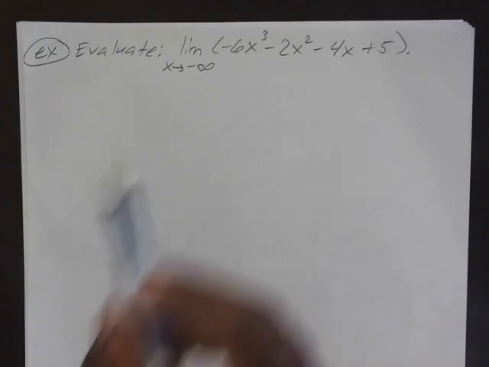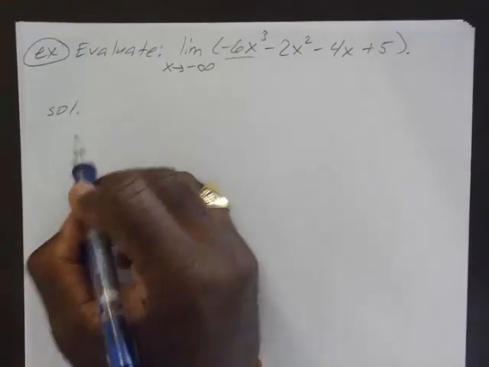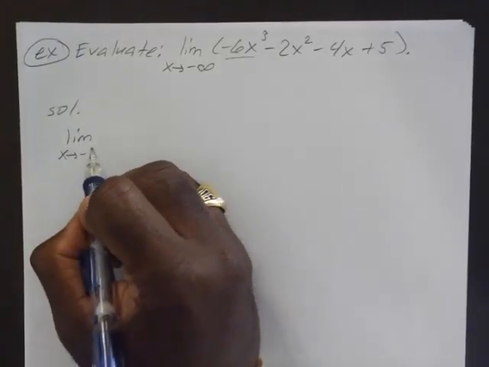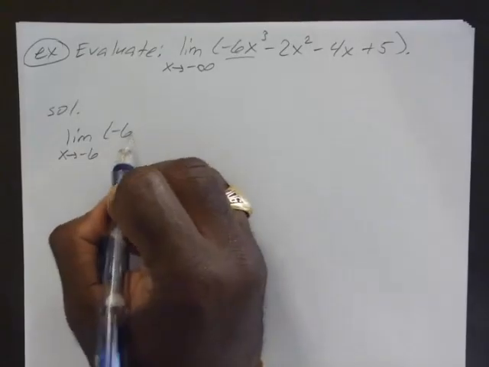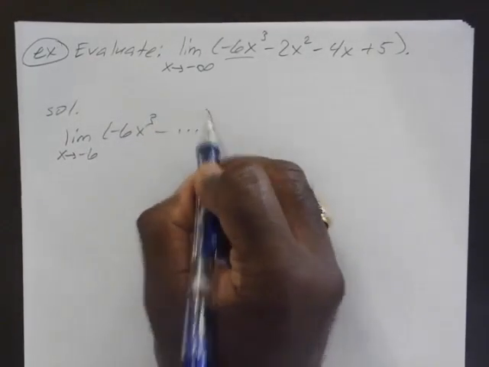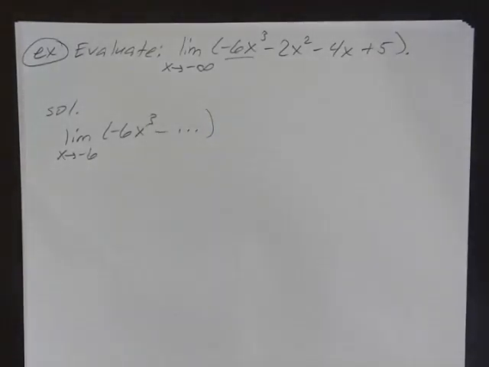So again, we're only going to focus on the leading term. So we're just going to look at the limit as x approaches negative infinity of negative 6x to the third power, and it doesn't even matter what the rest of it is because we're just focused on this one. That's going to tell us everything we need to know about the end behavior.